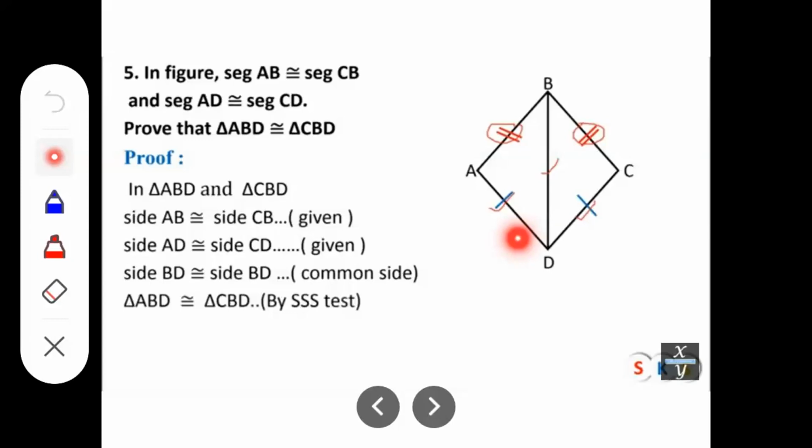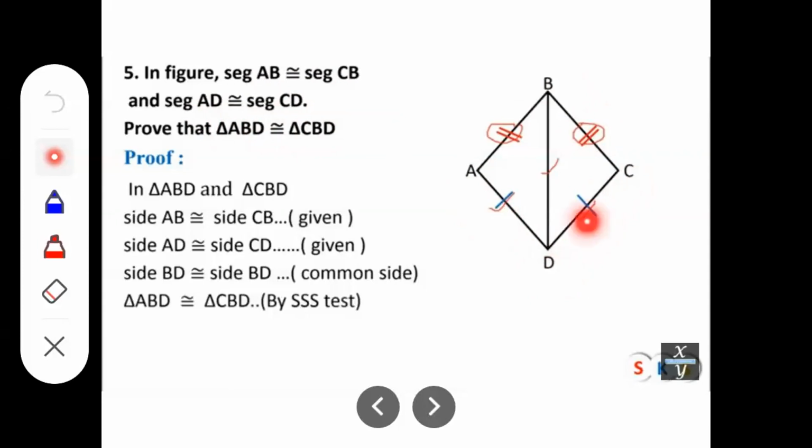Here again in the diagram, segment AB is congruent to segment CB. Similar marking here you can see. Now segment AD is congruent to segment CD.